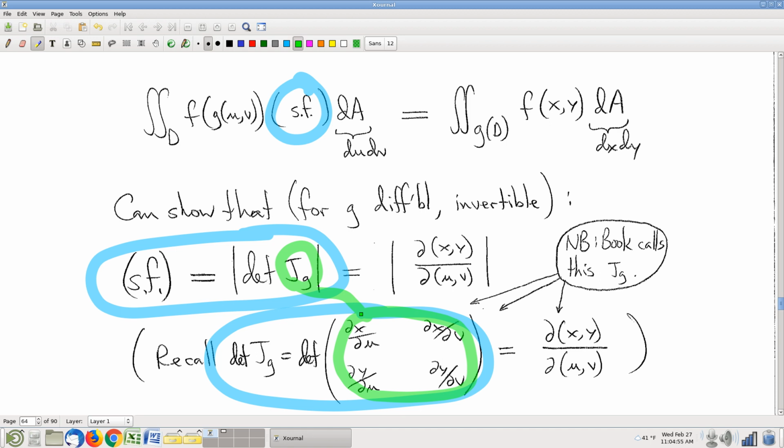So the Jacobian matrix was a matrix that played a role with derivatives back in chapter 13. No surprise, I suppose, that it ends up playing a prominent role here. Just don't forget, the stretching factor is not the Jacobian matrix. The stretching factor is the determinant of the Jacobian matrix. Correction, it's the absolute value of the determinant of that Jacobian matrix. Okay.